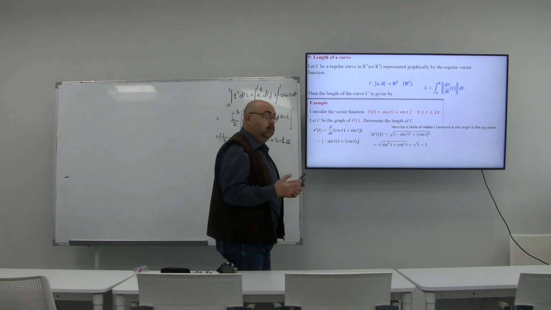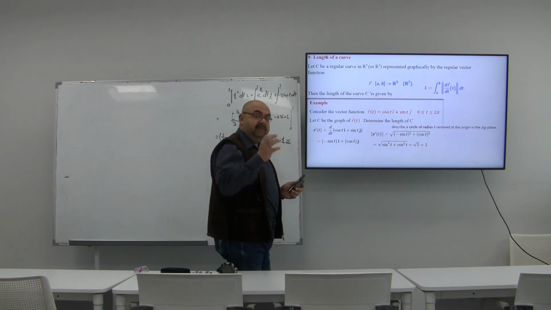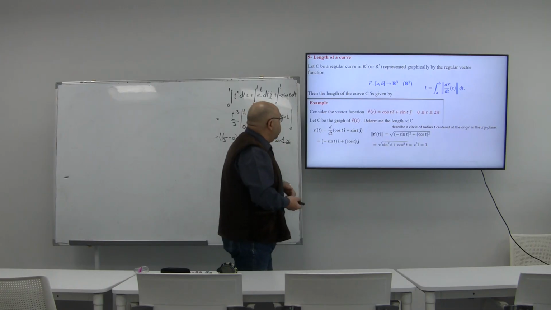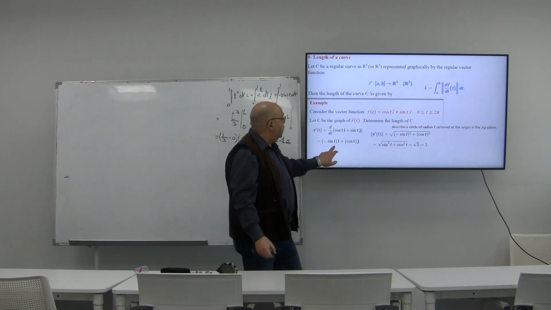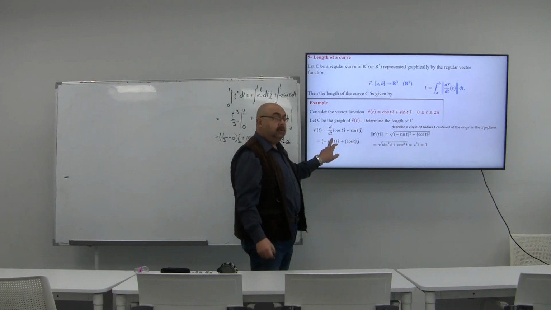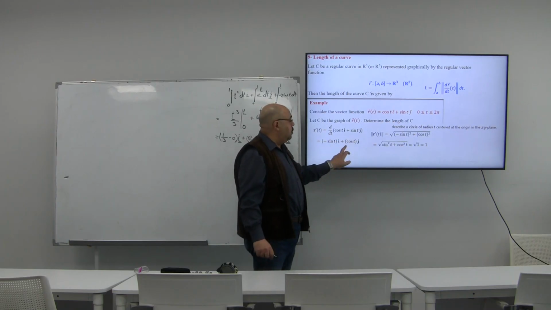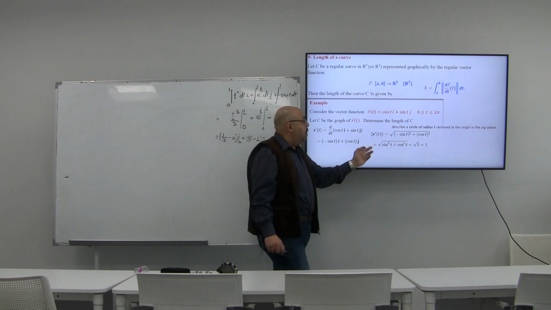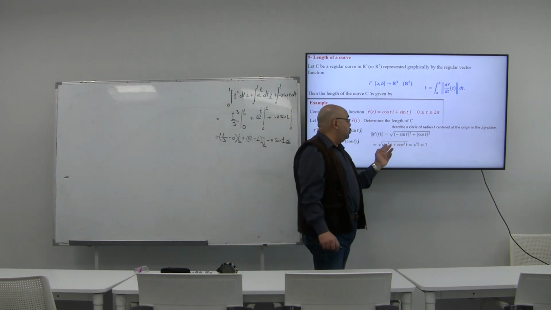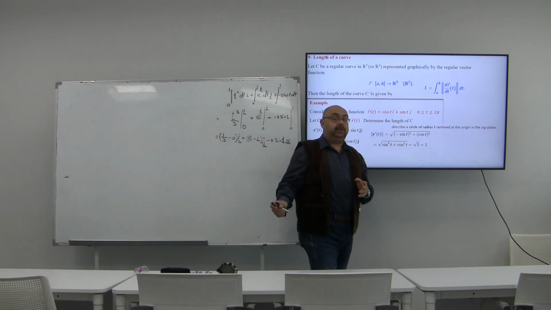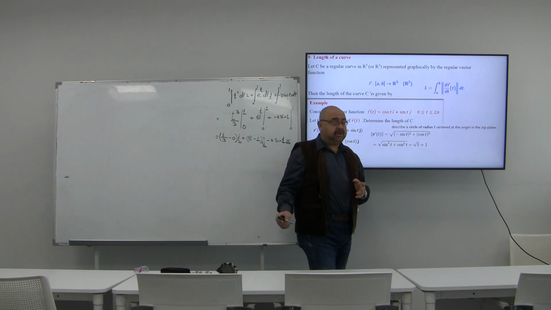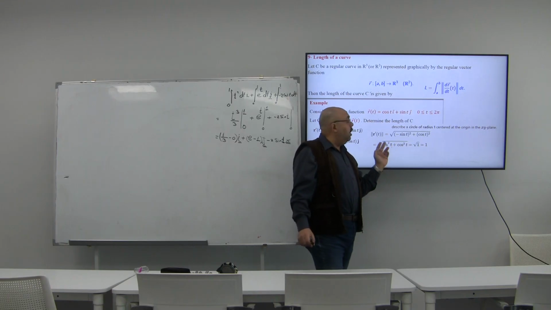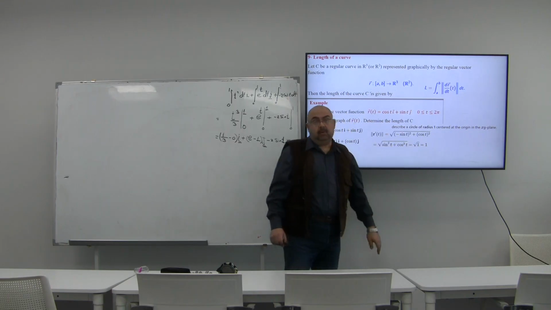Then I will get the magnitude of this vector. How to get the magnitude of this vector? Take the first component to the power of 2 plus the second component to the power of 2. So it's going to be the square root of sine squared t plus cosine squared t. Sine squared plus cosine squared, because you remember the trigonometric relations, is going to be 1. So the root of 1 is equal to 1.